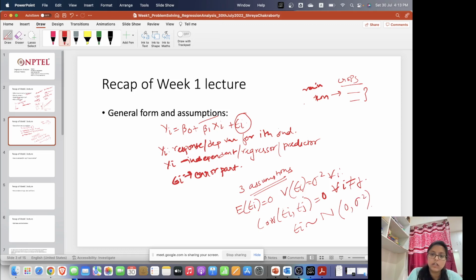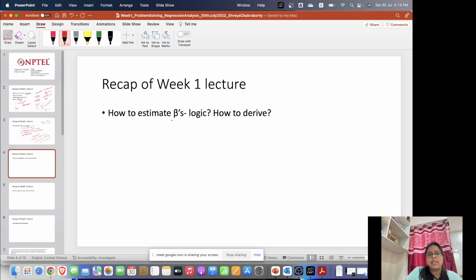Now it's important for our error part to follow these assumptions so that we can fit a linear regression by these methods. So now once we are done with the assumptions, how do we estimate betas and how do we derive it? So here we had beta naught plus beta 1 xi plus epsilon i.